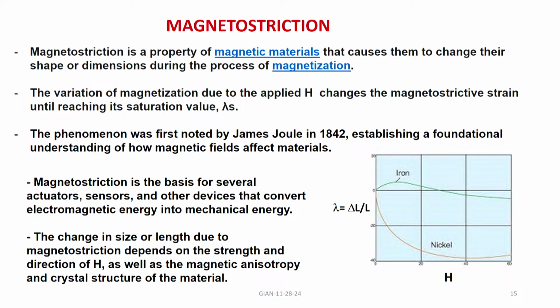This is the magnetostriction versus static magnetic field for iron and nickel. For iron, at low field it is positive, it goes through 0 and then it's negative. Nickel is negative all the way, but ultimately they all reach saturation. Okay.